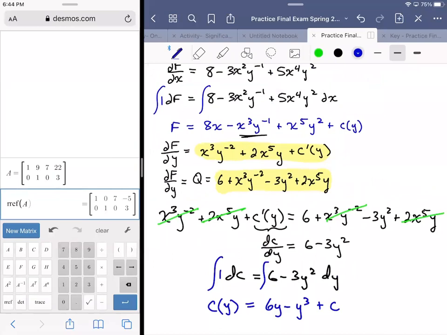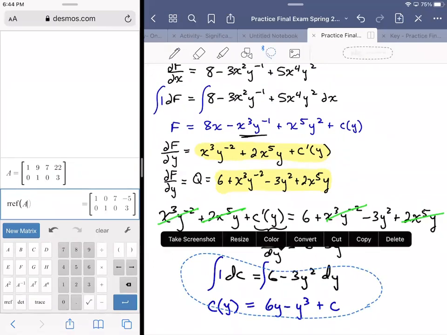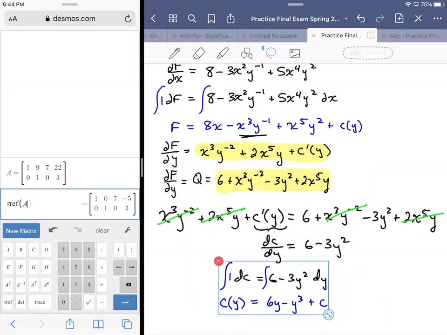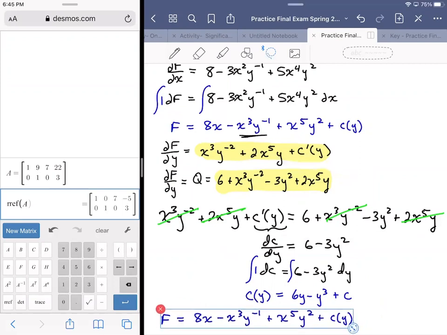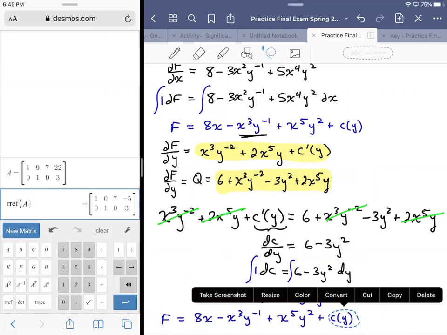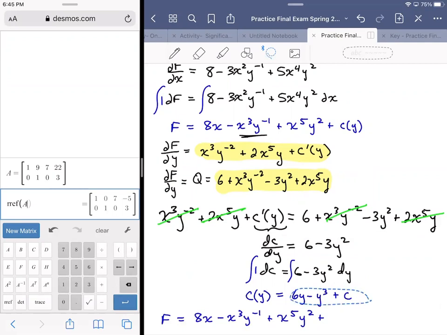All right. So now I can state finally, at long last, these problems are always a little crazy, the solution, which is all that stuff that we had before with this stuff tacked on in place of the c of y.